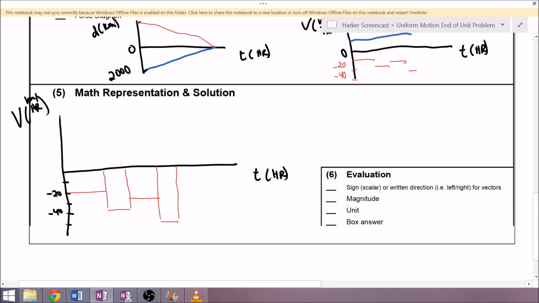So if you remember, there's a way that you can figure out displacement from a velocity versus time graph, and that's the area.